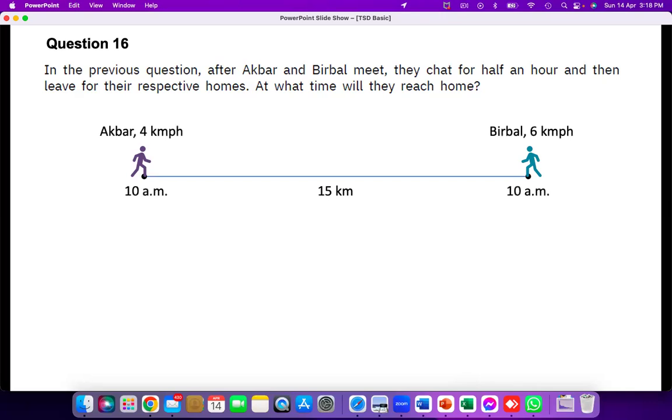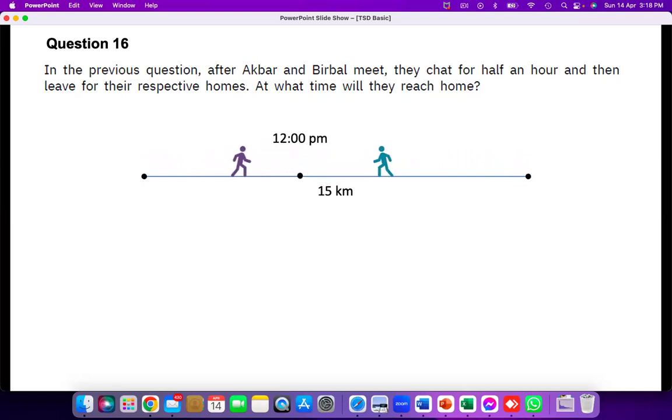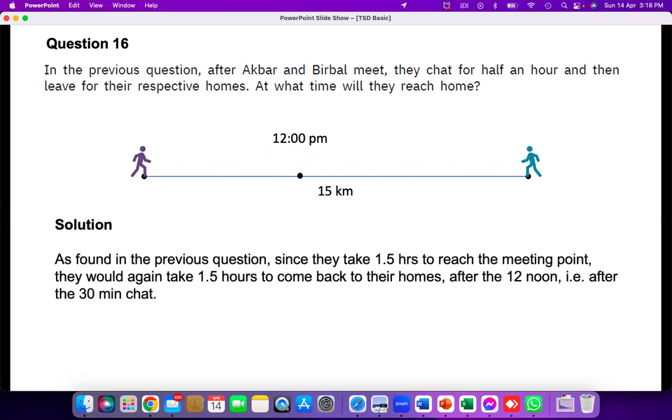No, sorry. 1:30 p.m. 11:30 they meet. They start at 12, and will be there at their places. So after a 30-minute chat, his time would be how much? 1:30 p.m. Okay, cool.